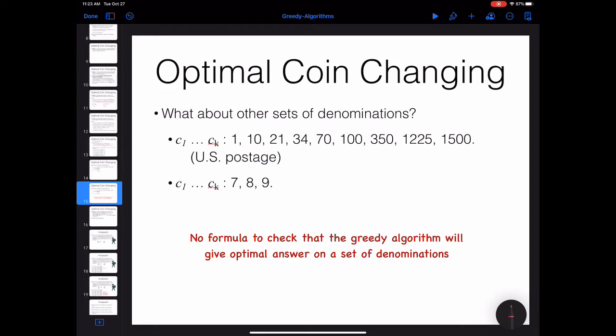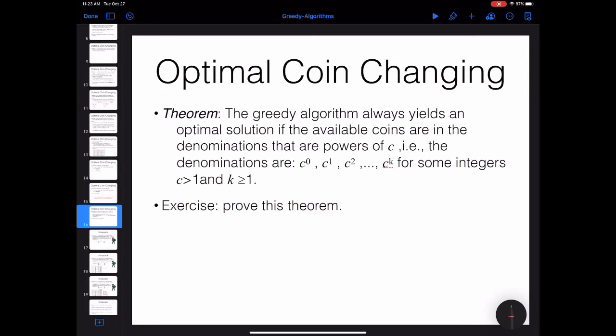But yet, I can give you this theorem. The theorem tells that if the denominations are in a specific form, where all of the coins are going to be a power of some integer number c, then greedy works. For example, you have a set like 1, where C0 means that whatever is c, you have 1.